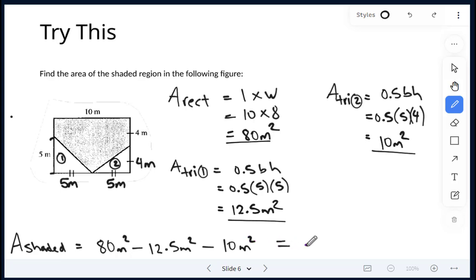All right, so that gives me my total of 57.5 meters squared. Okay, that is the area of just this shaded portion here.